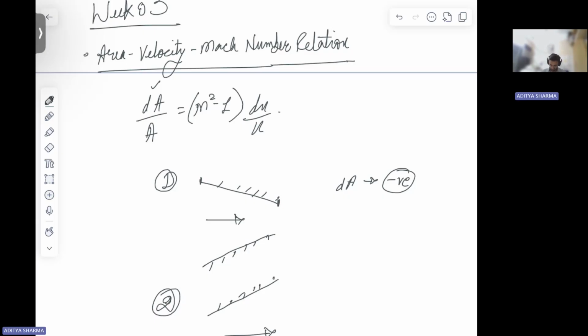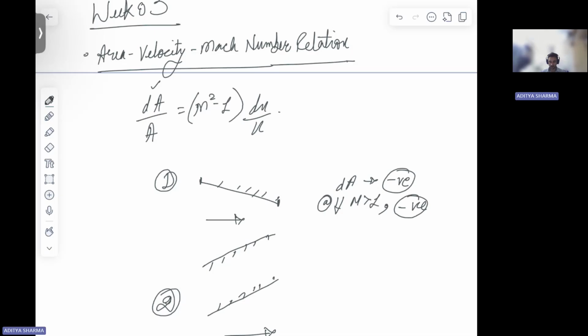Now, case 1, if your Mach is greater than 1, in that case, because your left hand side is negative, so your right hand side has to be also negative. Because M square minus 1 in case A is going to be positive, then your du is going to be negative.